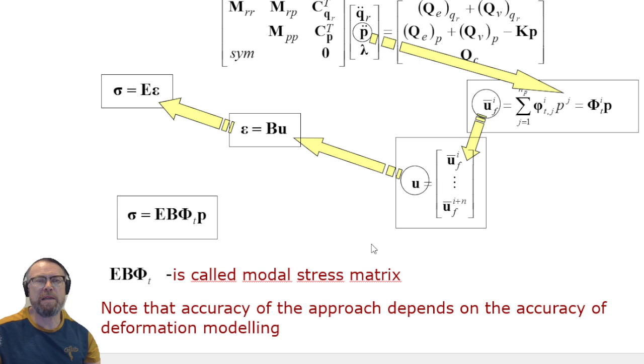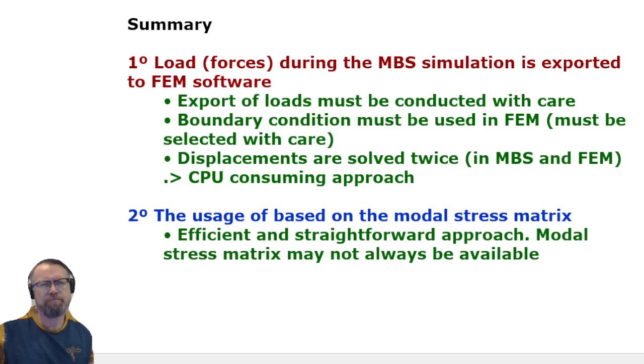Now, combining all this information, you can multiply the matrix of elastic coefficients, the kinematic matrix, and the modal matrix. This combination of three matrices is called the modal stress matrix. And that's an alternative. This is very modern. This is a super nice way to go. The problem is that it's not necessarily available in all software applications.